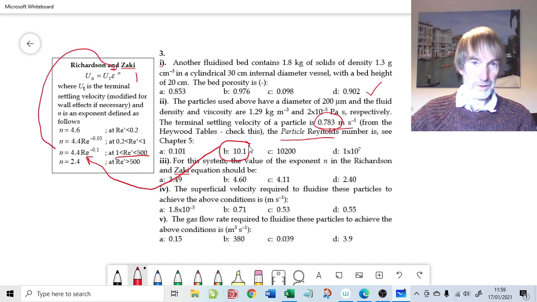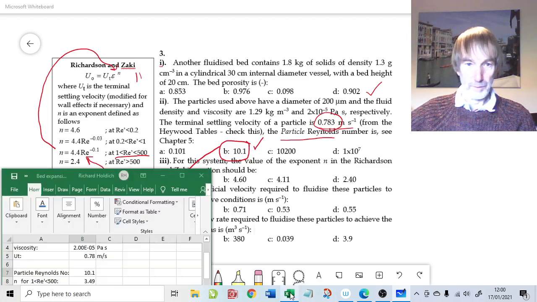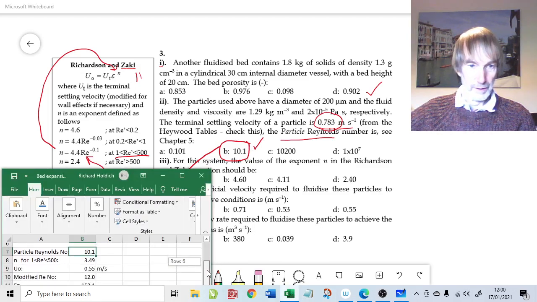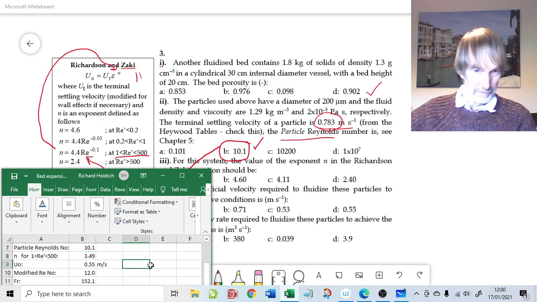So this obviously is the Richardson and Zaki equation that we're using. So 10.1 was the particle Reynolds number. 3.49, as we saw on the spreadsheet just a few moments ago, is what the value of n is from this equation, and then the superficial velocity is the voidage, which we calculated in part 1, to the power n, times the terminal settling velocity, which we're being given, 0.783, and that calculates the superficial velocity for the process, and that comes out to be a value of 0.55 meters per second.